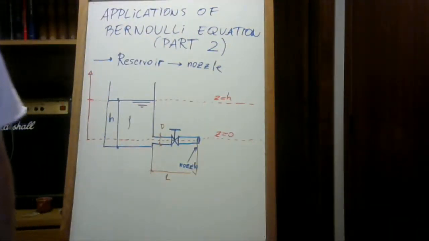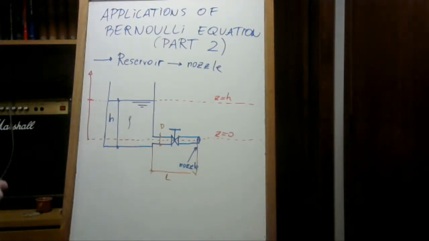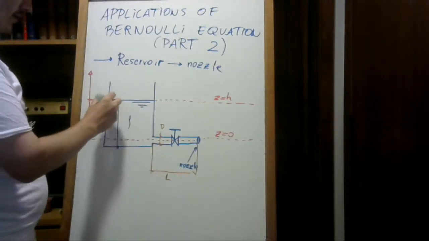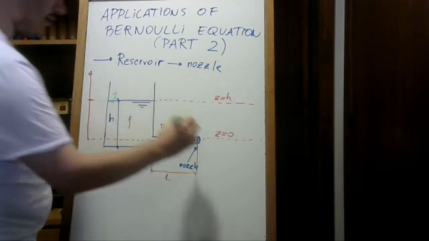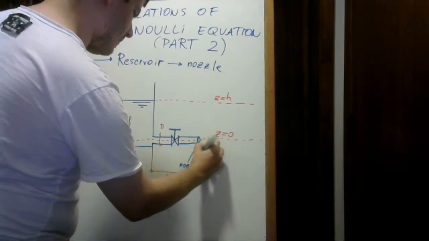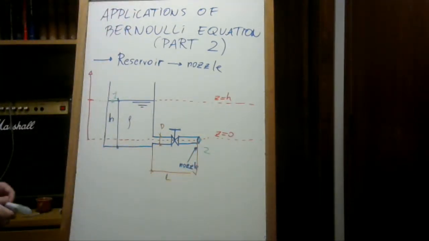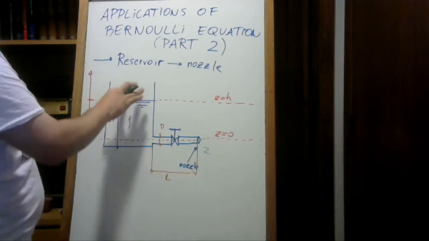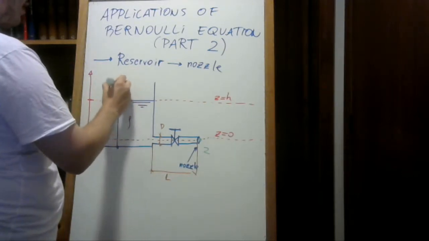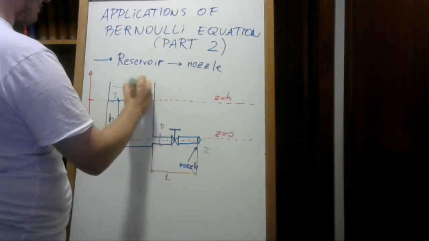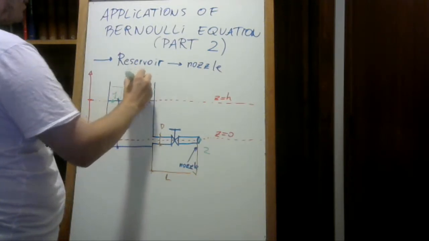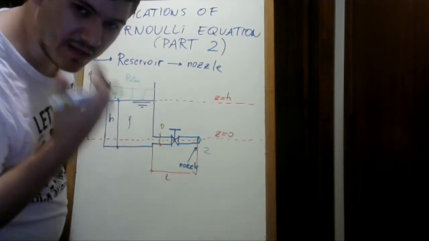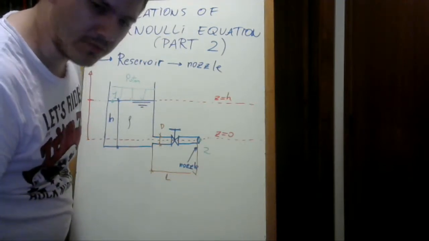So if we take a streamline of this flow, let's say we have point 1 here and point 2 here, right? Here we have the atmospheric pressure acting, which means its relative pressure is 0.